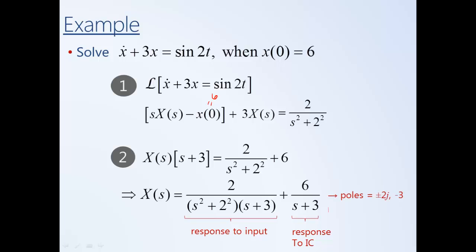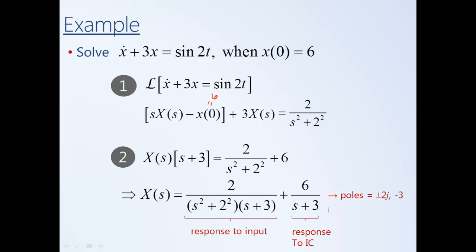Furthermore, we can look at the poles of the system in order to better understand or predict the resulting time-based function. Recall that poles are solutions that make the denominator equal to 0. So if we got a common denominator, we would have an s squared plus 2 squared in the denominator and a quantity s plus 3 in the denominator, giving us poles of -3 and plus or minus 2j.